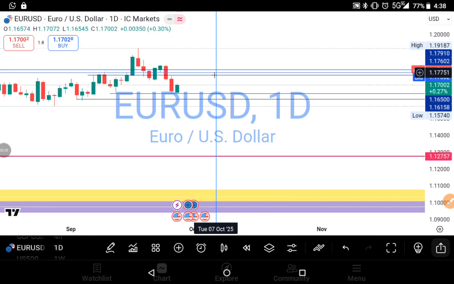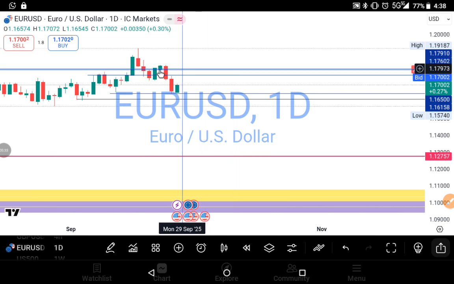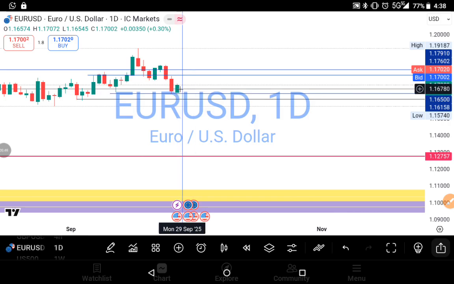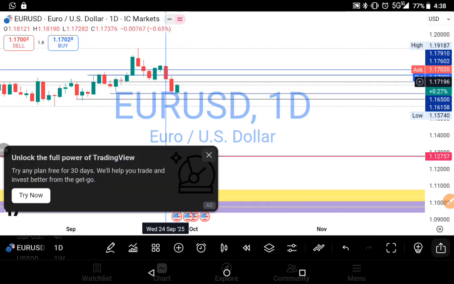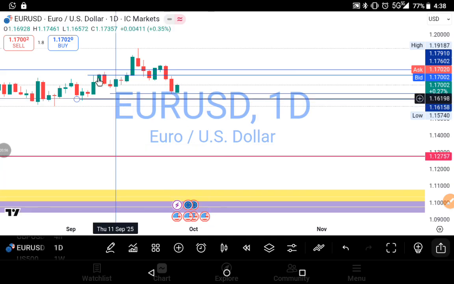So the market price has stayed below 1.18500, and we have seen 1.175, 1.16580 being delivered. 1.16580 happens to be around the low of this candle here, 1.16572.